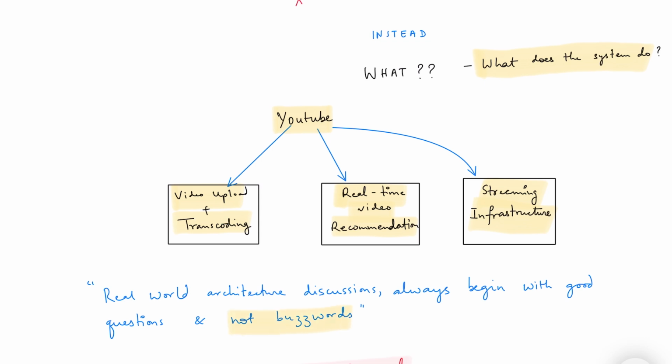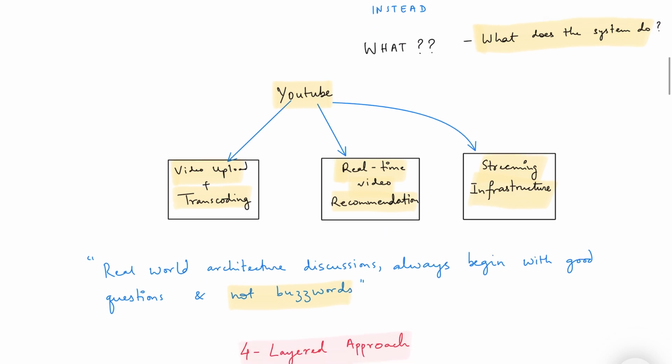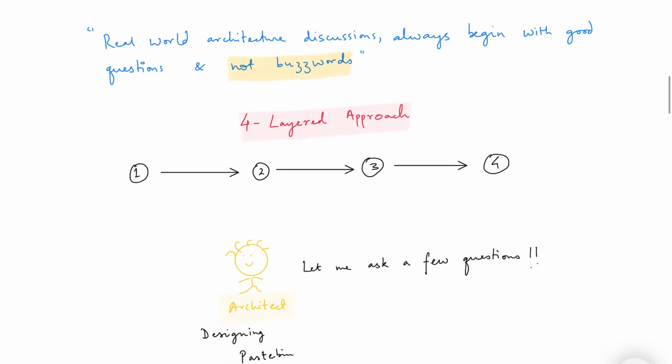For building this thought process and for having a mental model of exactly what we need to think when we face such a situation, I generally follow a four-layered approach. A four-layered model of asking the relevant questions that can help us make relevant choices that can be beneficial to our design.